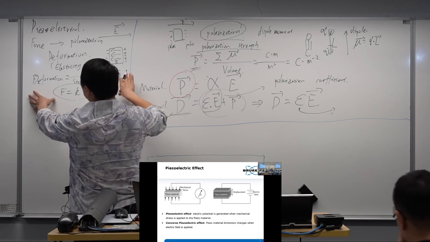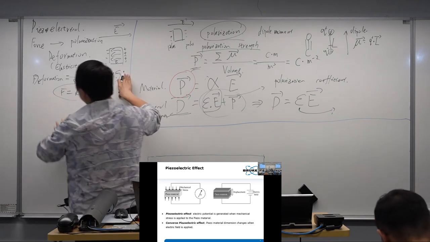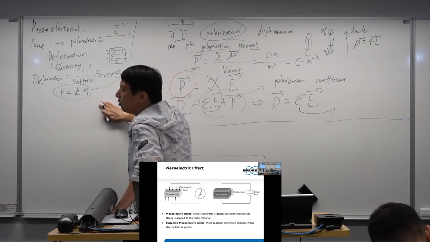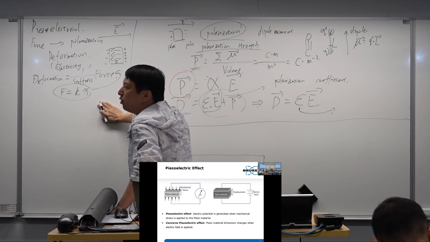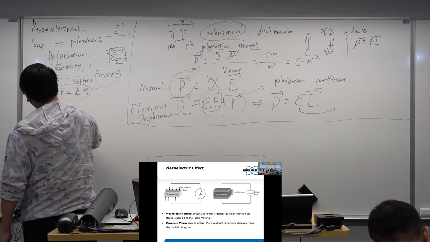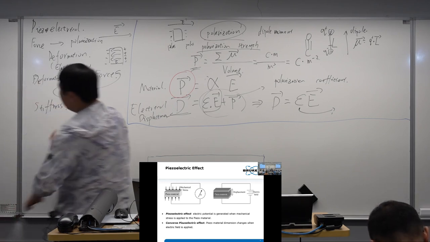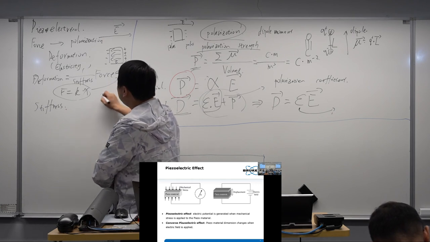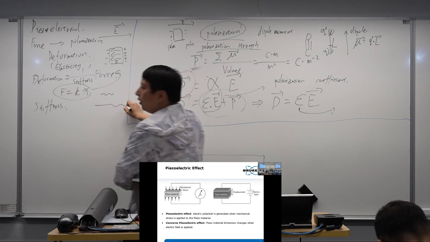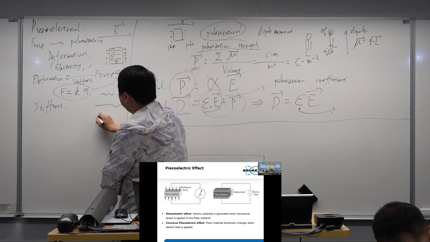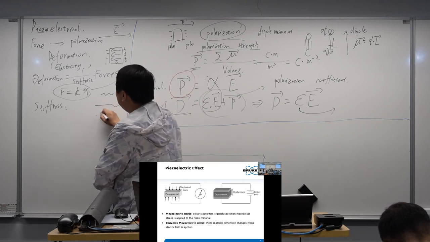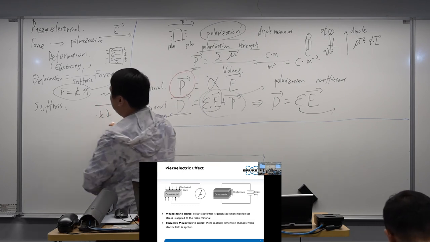For the deformation, we have this Hooke's law, but usually we find this Hooke's law is not intrinsic, because this stiffness, for springs, we already know if the spring is longer, the K will be smaller.